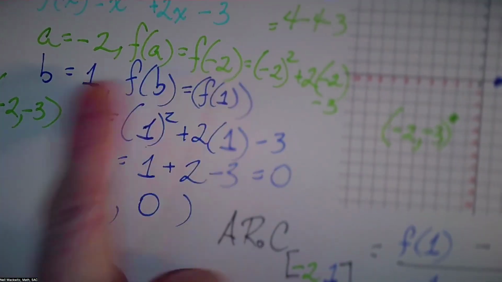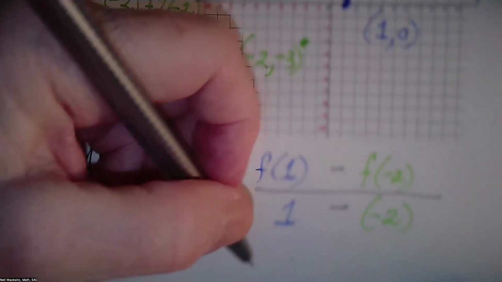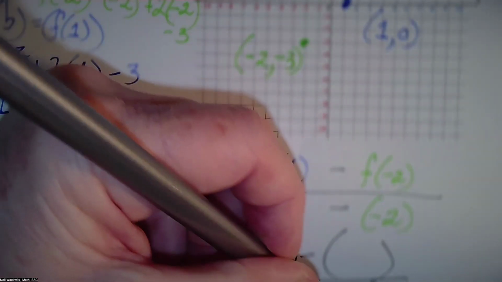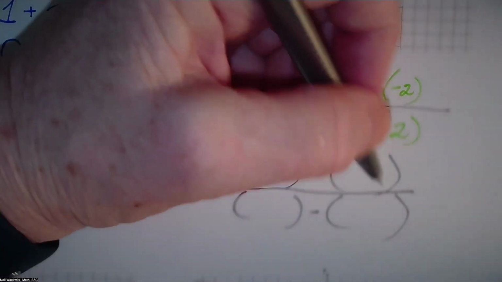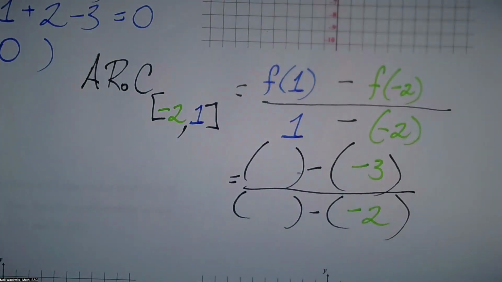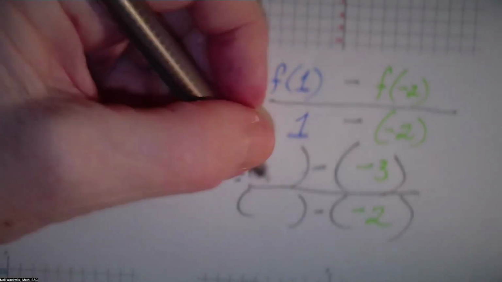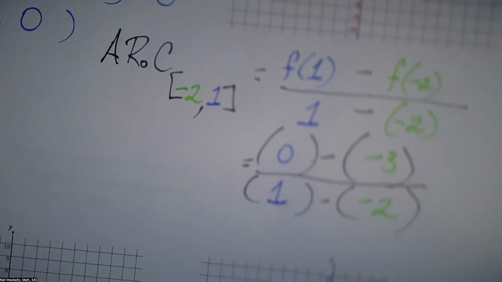We said that f of -2 was -3, and we still have a -2 for the x value for that point.